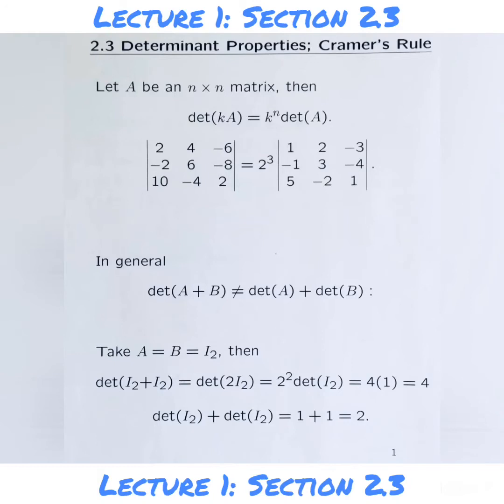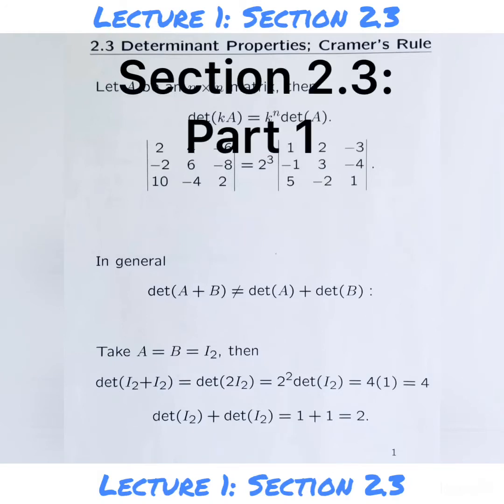So the last time we met, we started talking about Section 2.3. We got about a third of the way through. What I'm going to do is restart Section 2.3 and go through what we did in class and then move on from there.